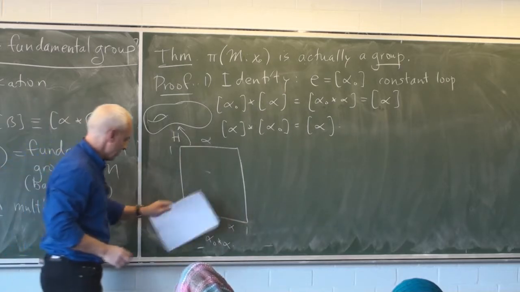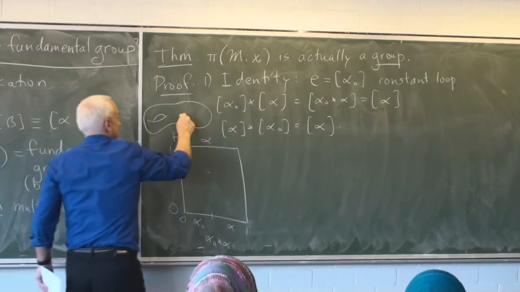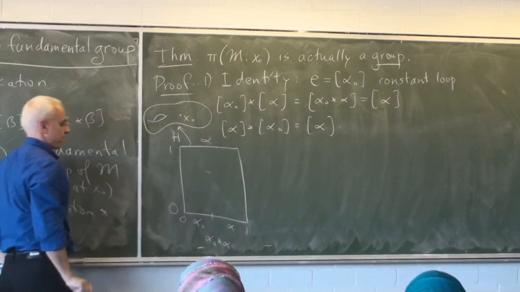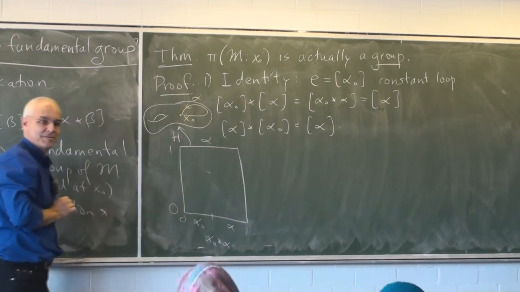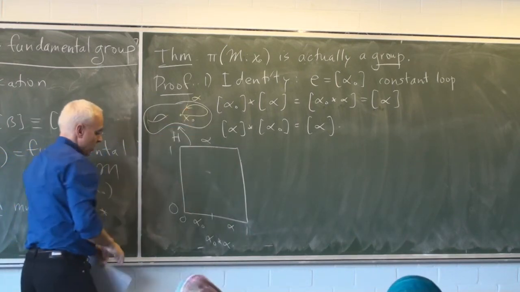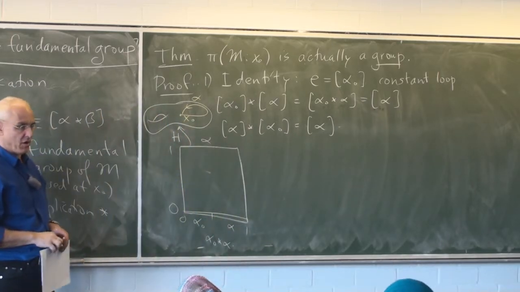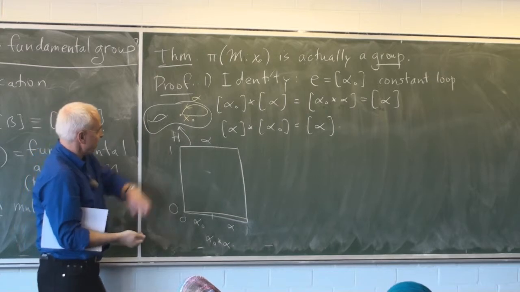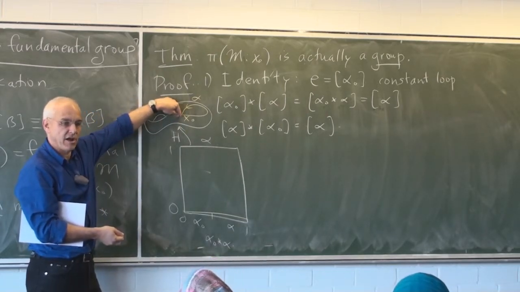So let's have a look at what these two loops do. There's our point x0, let's say. There's our loop alpha. Our loop alpha 0 doesn't do anything, it just sits there. So what is the loop represented by the bottom of this homotopy going to be? It's the path that for time t equals 0 to a half just sits there.